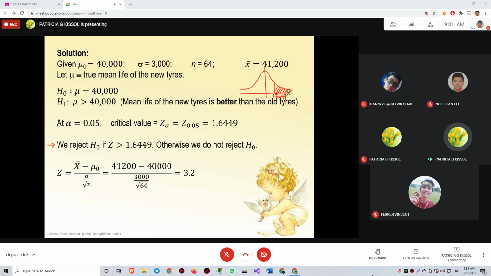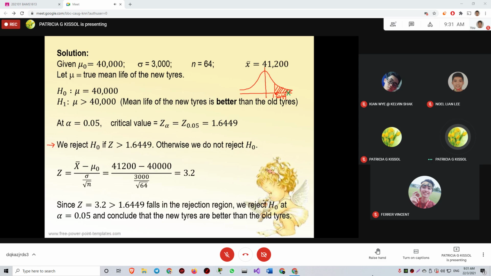Yes, you reject. And therefore, a proper way of writing it is Z is equal to 3.2, the test statistic, which is greater than 1.6449, so it falls in the rejection region. Therefore, we reject the null hypothesis at alpha equals 0.05 and conclude that the new tires are better than the old tires.